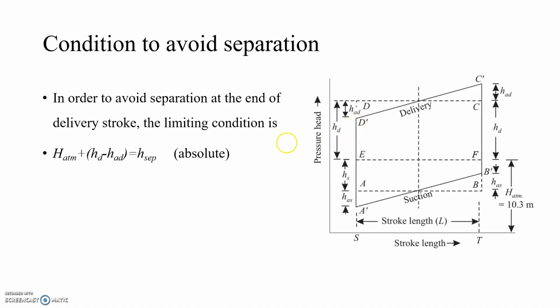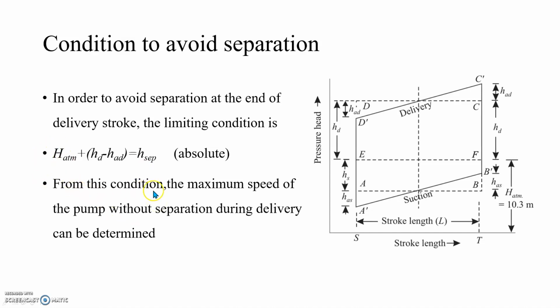You can see here, this is the absolute value of pressure head: H ATM plus HD minus HAD, which should be equal to H separation. If the value of the LHS goes below this H separation, then separation phenomenon will occur. So from this condition, the maximum speed of the pump without separation during delivery stroke can be determined.